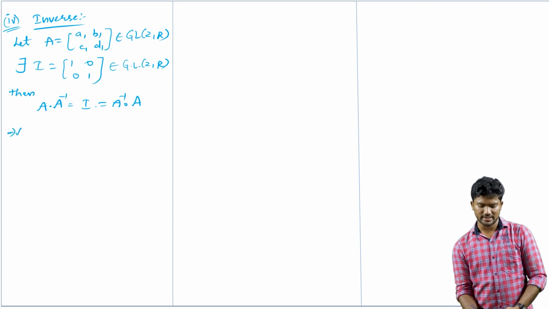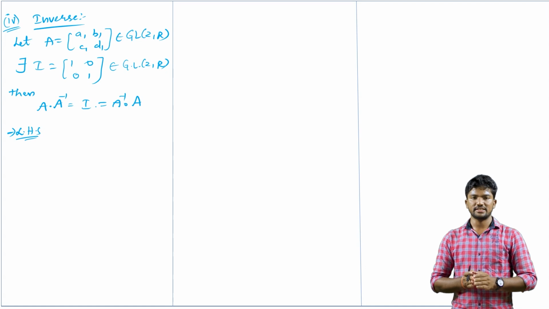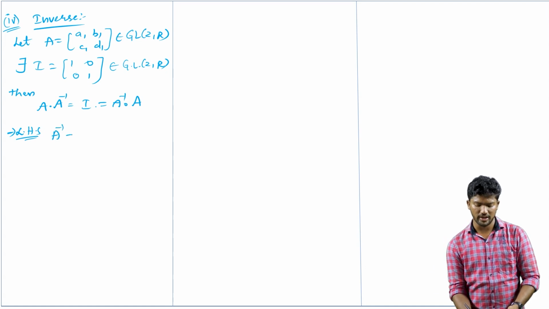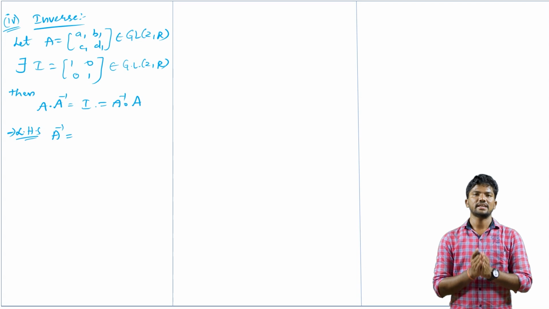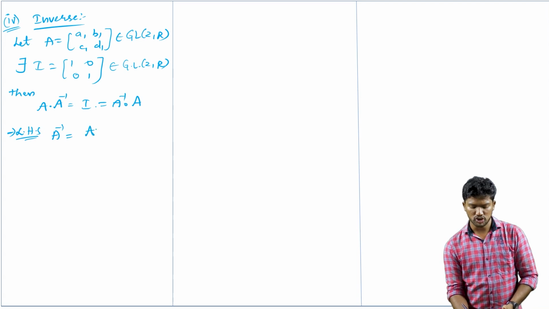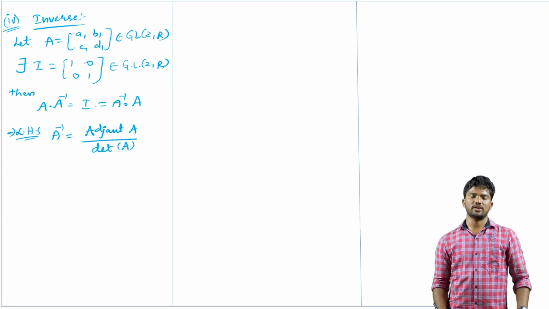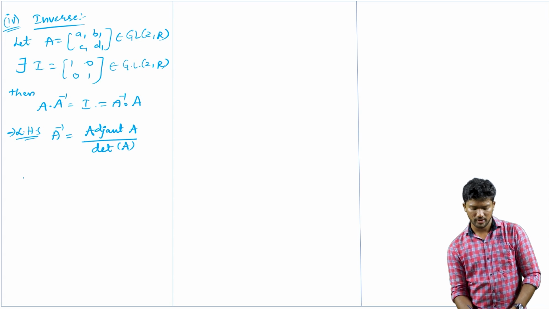Now take that LHS condition. Before proving it, first I am writing the formula for A inverse. You know very well, for 2 by 2 matrices, A inverse is equal to adjoint A by det of A. What is that adjoint A?